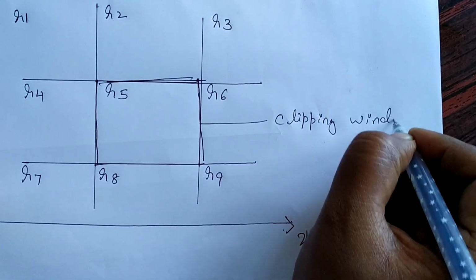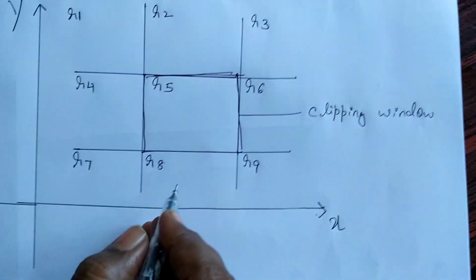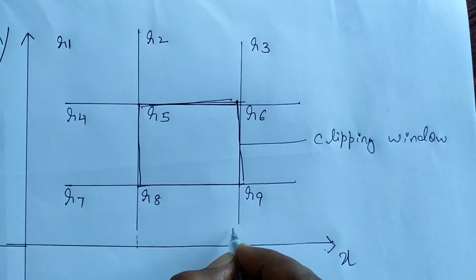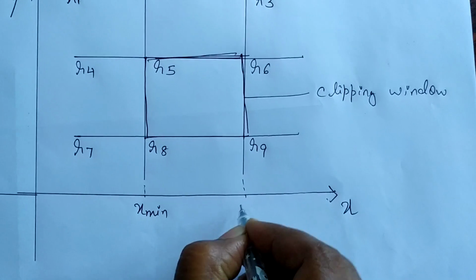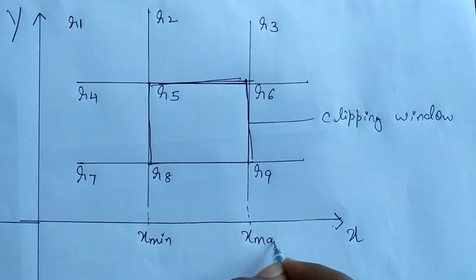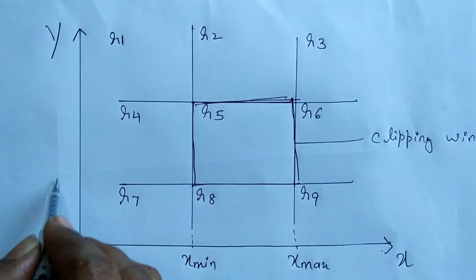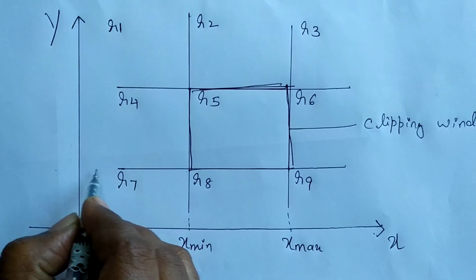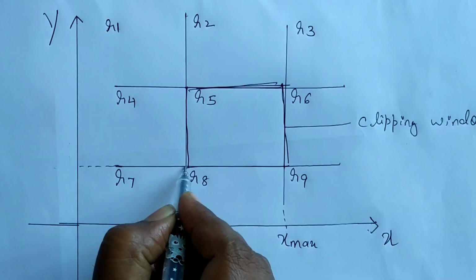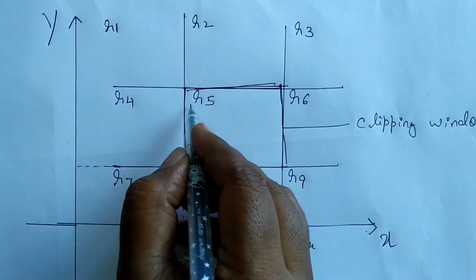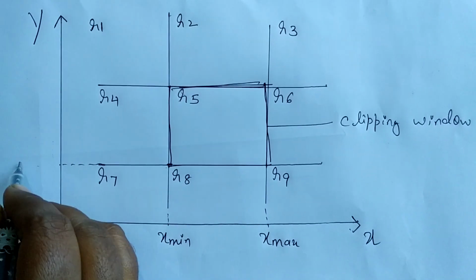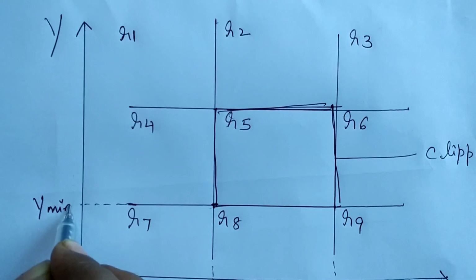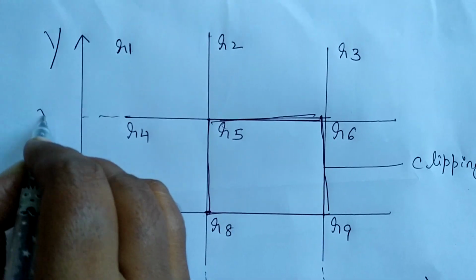The size of this clipping window along the x-axis is marked by x minimum and x max. On the y-axis, vertically, the position of this clipping window, region 5, is marked by y minimum and y max.